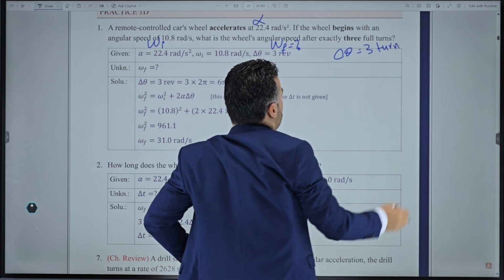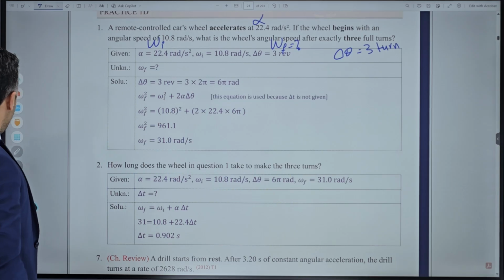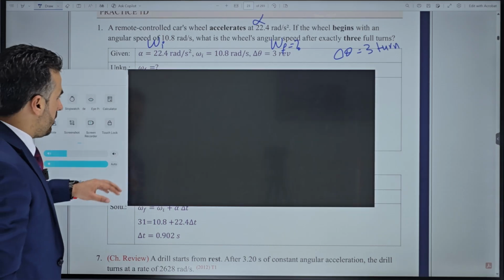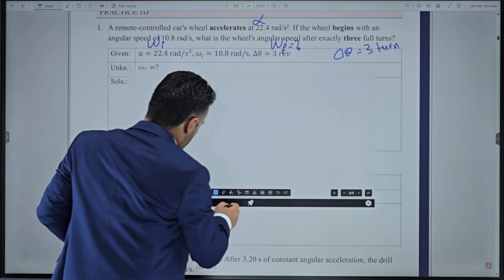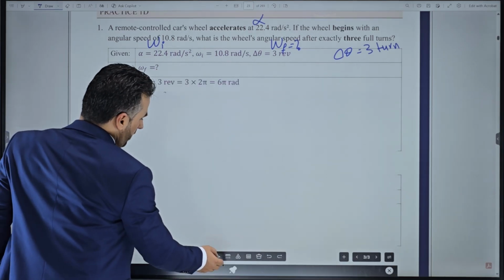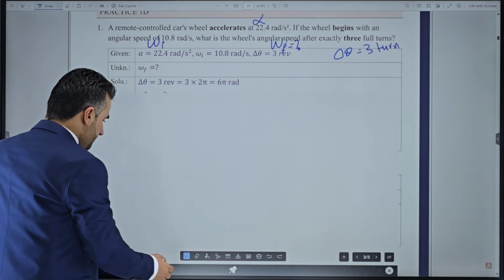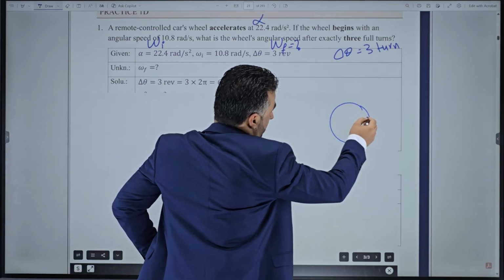Now let me give you an idea regarding what is written here. Whenever it says exactly after 3 full turns, remember this, that every single turn means 1 rev. I need you to remember this clearly. So one more time, remember, this is the object that is moving in a circle.